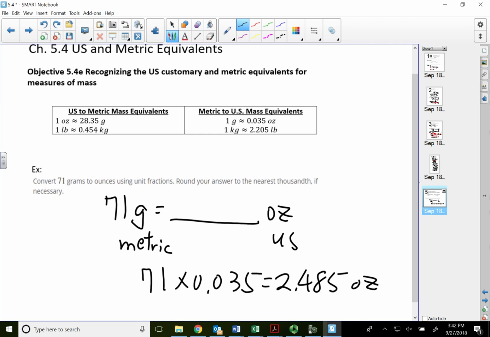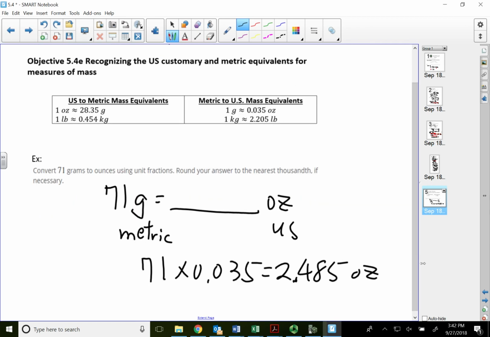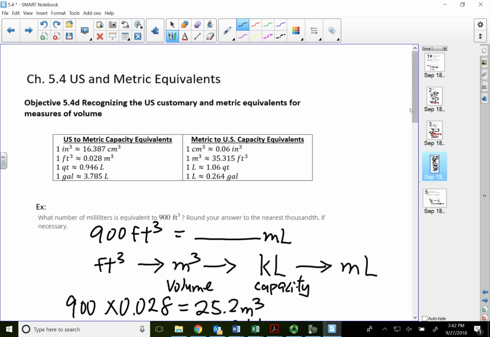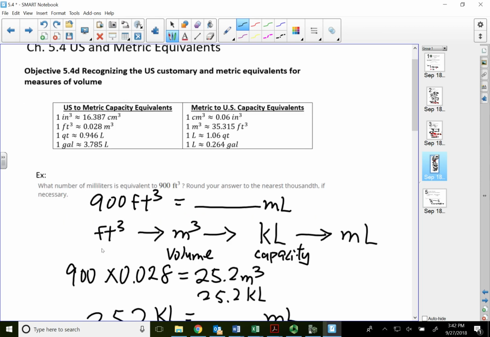ounces. All righty. Okay, so in this lecture video, we talked about how to convert between US and metric units. Sometimes when we do conversions, if I don't have a direct conversion, I might have to go through other units before I can reach my desired unit.